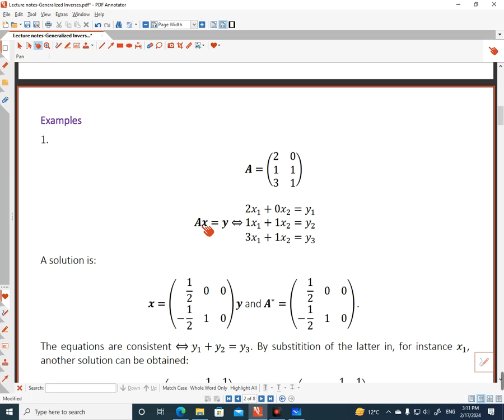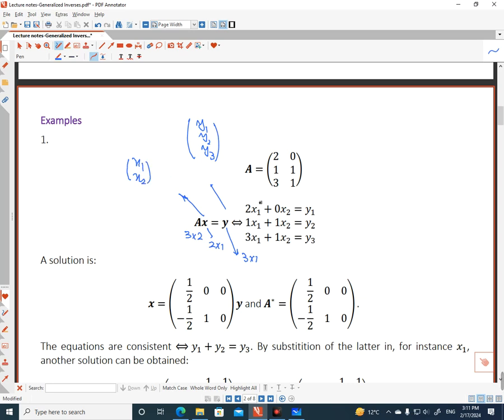If I write it just to make sure that I'm on the right page, A is 3 by 2, x here is 2 by 1, and y must be 3 by 1. So I can assume that y is equal to y1, y2, and y3, and x is equal to x1, x2.